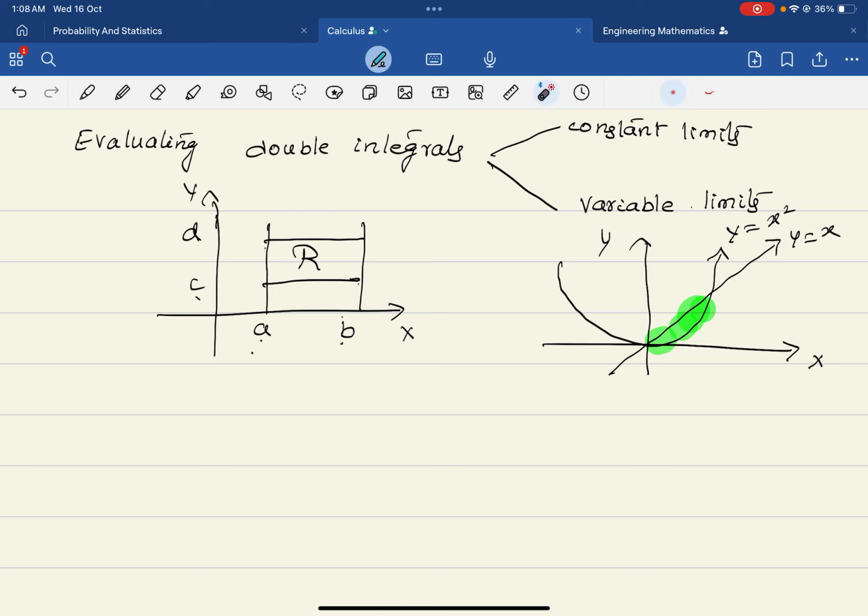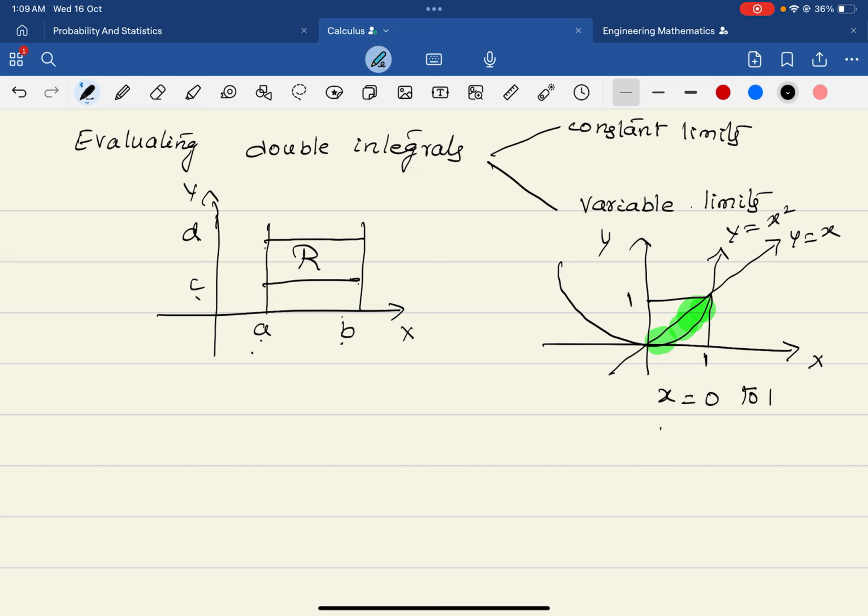This particular portion is not a rectangular portion, it is a curved portion. So there we define the limits by using variables. Those variable limits will come in the next topic, and at that time I will tell you. Here I will just explain the limits. Both of them intersect at the point 0 comma 1, let us say. So x is from 0 to 1.